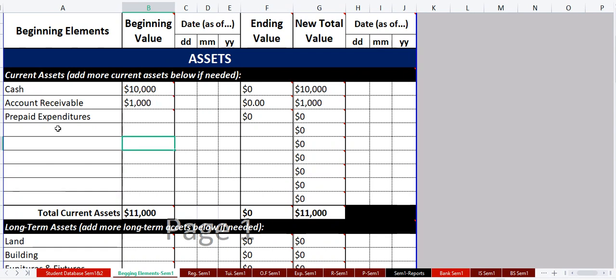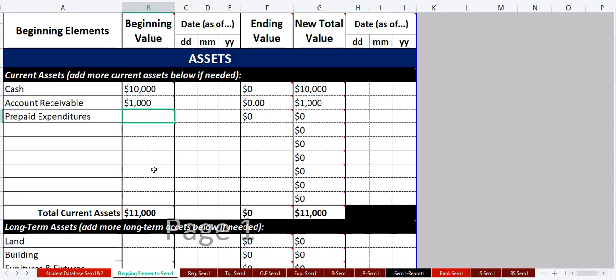Alright, then prepaid rent. Okay, in her case she paid 5 years ahead, so she had consumed 1 year. Alright, 1 year. And each year is $1,000. So I want you to get that at the back of your mind.